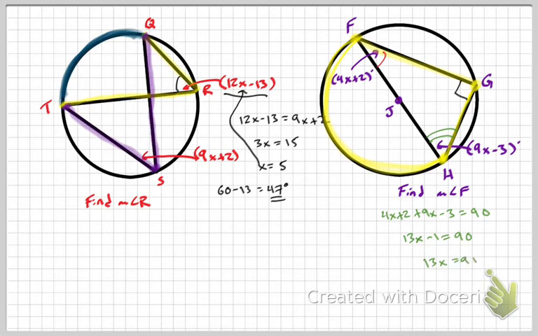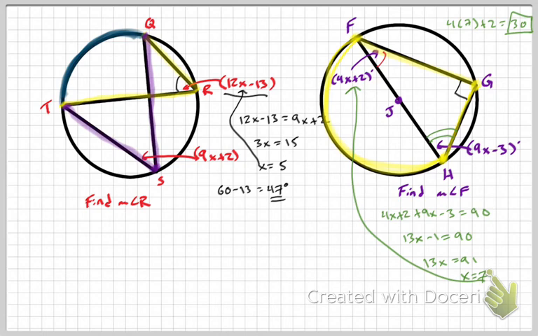Then I can just do 91 divided by 13, x equals 7. So they're asking us for the measure of angle F. The equation for F is right here. So I can just do 4 times 7 plus 2. 4 times 7 is 28. 28 plus 2 is 30. So the measure of angle F is 30 degrees.